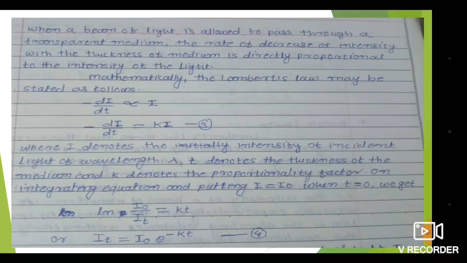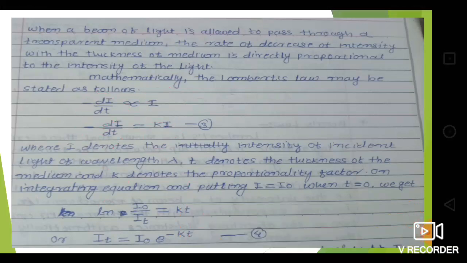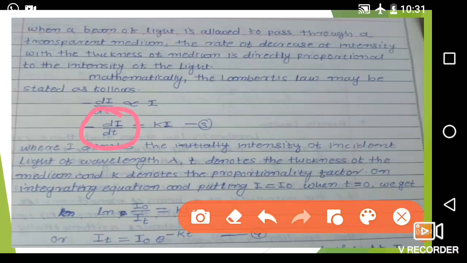Mathematically, the rate of decrease in the intensity with respect to the thickness of the medium is directly proportional to the intensity of light, I. So minus dI by dt, where the minus sign indicates the decrease in intensity with respect to thickness, is directly proportional to the intensity of light.